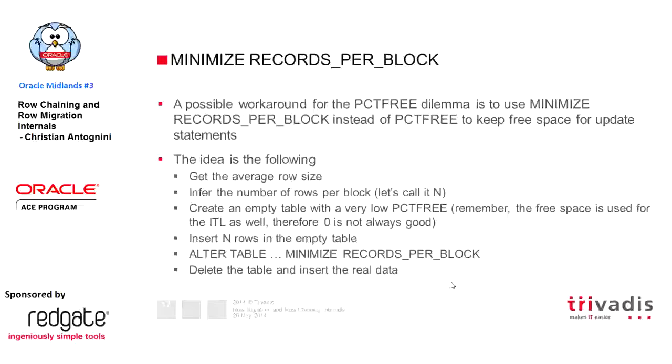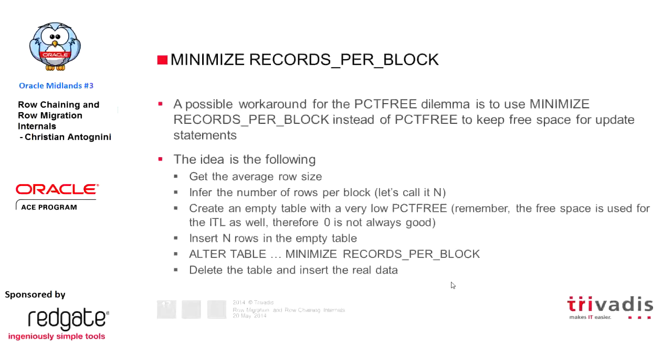So sometimes, if you are really not able to solve the problem in another way, what we can do is use the trick of minimize records_per_block, something that we don't like to do, but basically it works in this way. As you have seen, setting PCTFREE high is a problem. So to reduce the number of rows that we put in one block, what we could do is have an idea of the average row size when the rows have the maximum size.